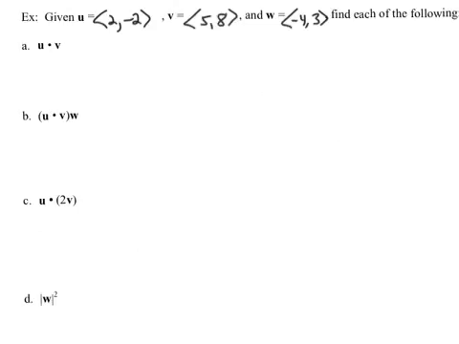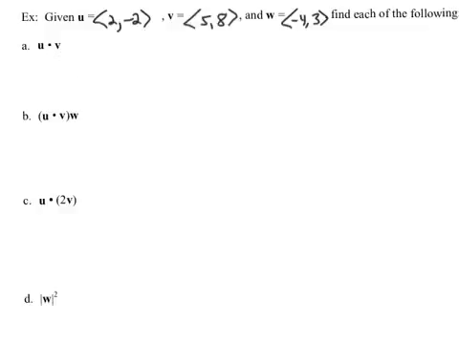So we'll finish with working a few examples here. If I have these vectors, u is 2, negative 2, v is 5, 8, and w is negative 4, 3, we're going to perform the following operations. The first one is just the dot product, u dot v.